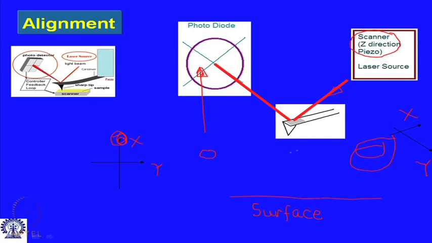It means that there is no interaction between the cantilever tip and the surface at the stage of alignment. This is important to understand.